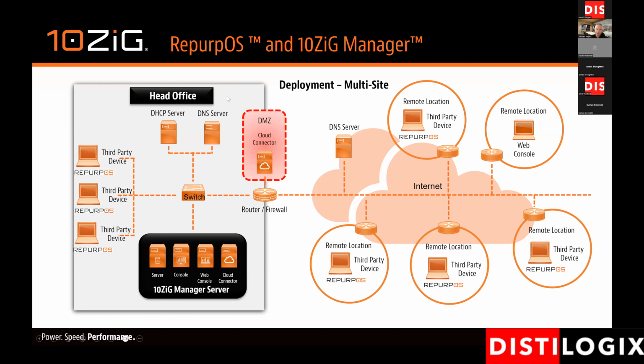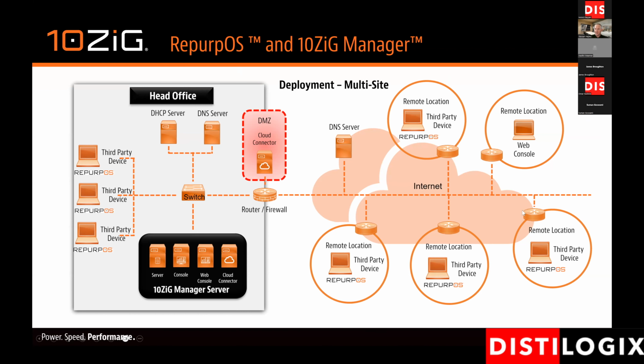So some options with deploying the manager: you can have it on premise. So as you can see here, we've got a 10Zig manager server with the 4 components that we normally install with that. Internally, you can have Repurpose devices connecting to the 10Zig manager server over the cloud connector.